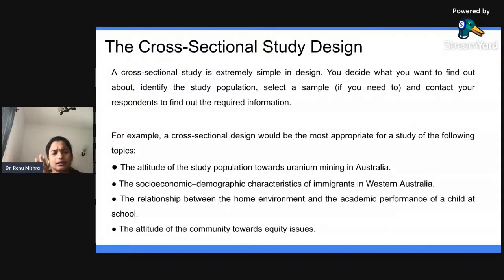These kinds of studies are conducted as cross sectional, wherein you don't require any repeated information. For example, if somebody says I like Burberry or I like Versace, it's okay, right? This is one-time information I want from my respondents. This is cross sectional study design.